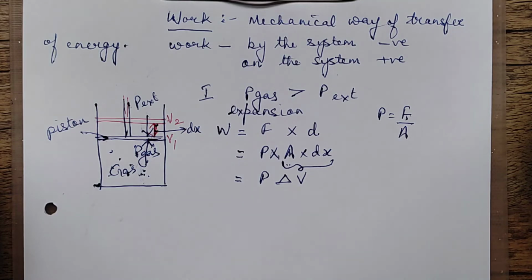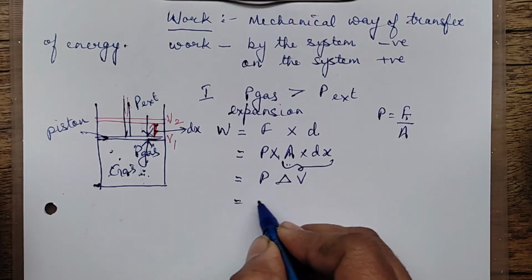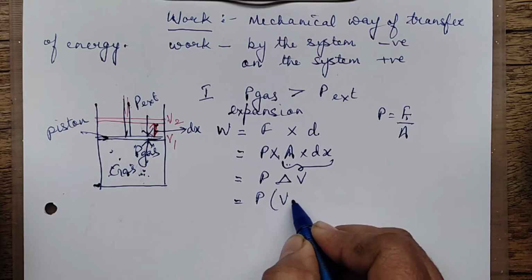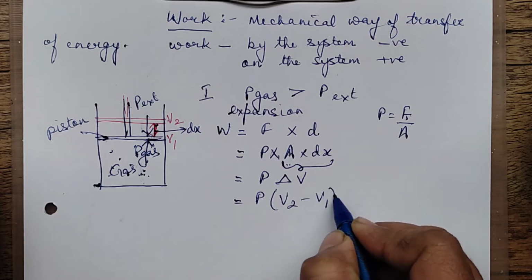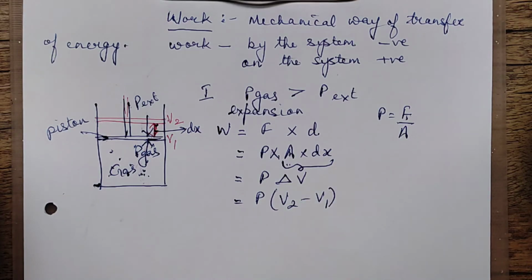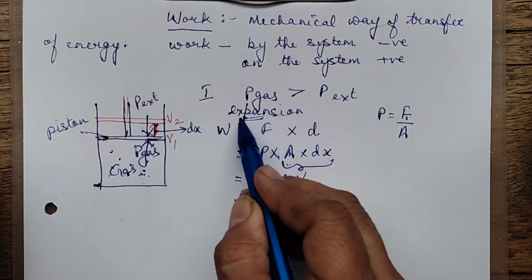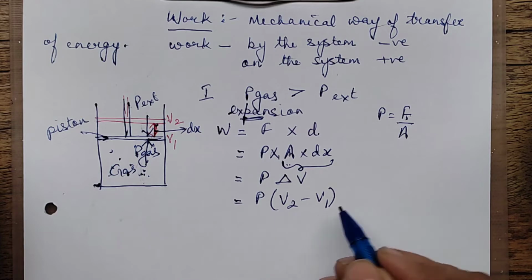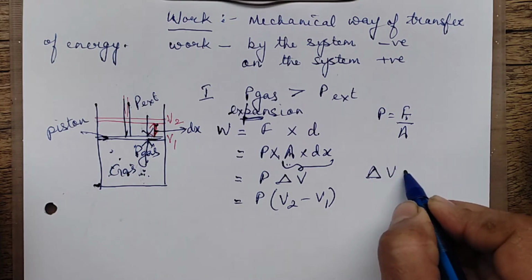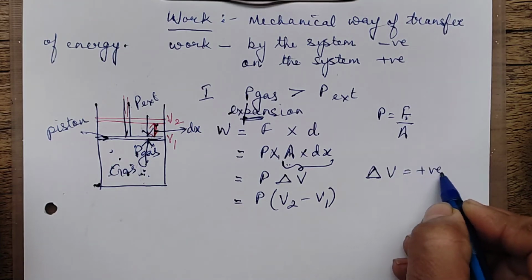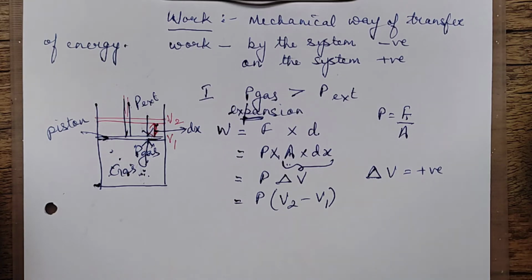The change in the volume. In a way, this is equal to P into V2 minus V1. That is the change in the volume. Right. In this particular case, when we are talking about the expansion, the delta V is positive.